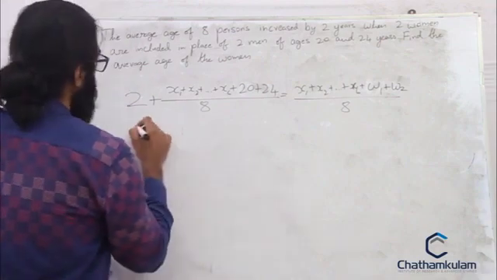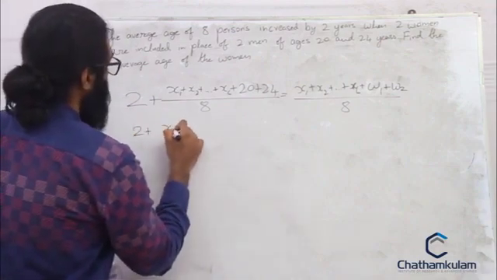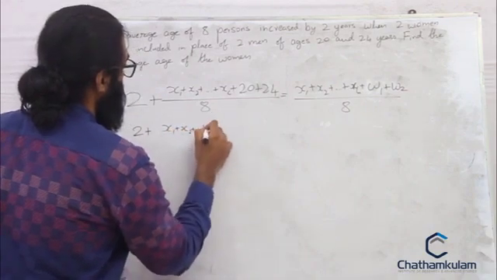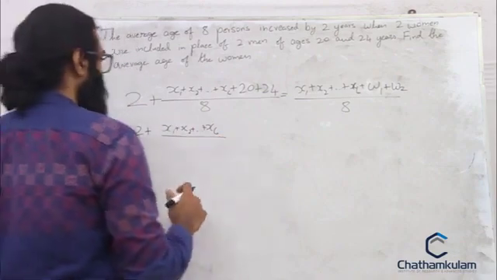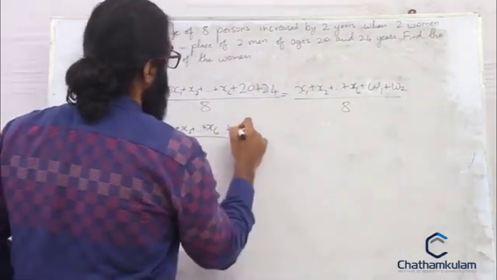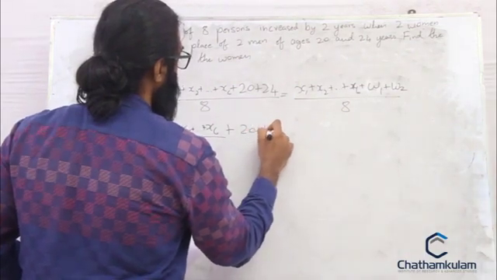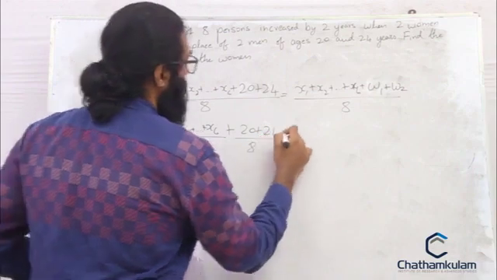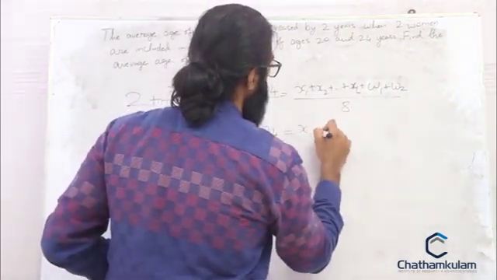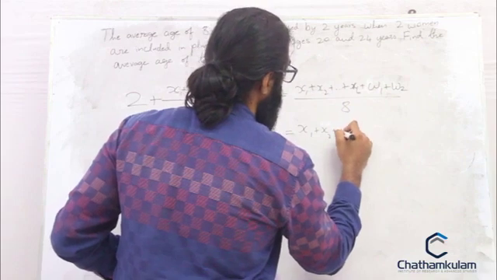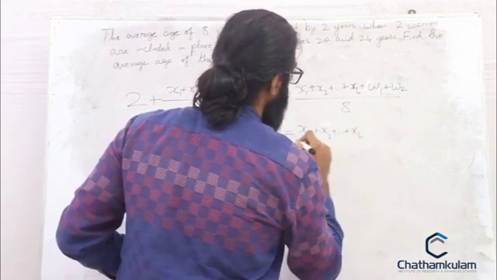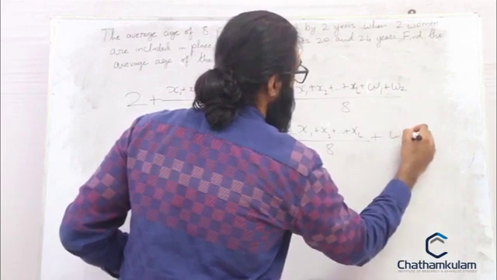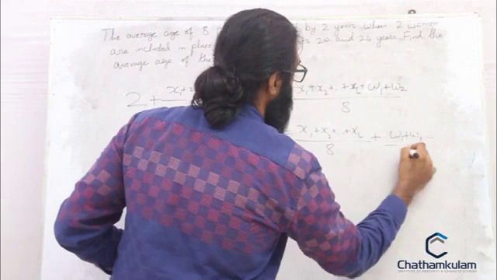We can solve this. 2 plus x1 plus x2 plus dot dot x6 whole divided by 8 plus 20 plus 24 whole divided by 8 equals x1 plus x2 plus x3 dot dot x6 whole divided by 8 plus W1 plus W2 divided by 8.